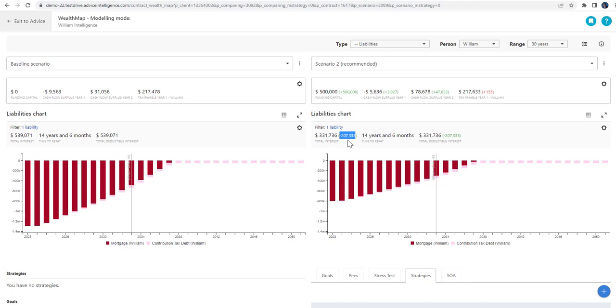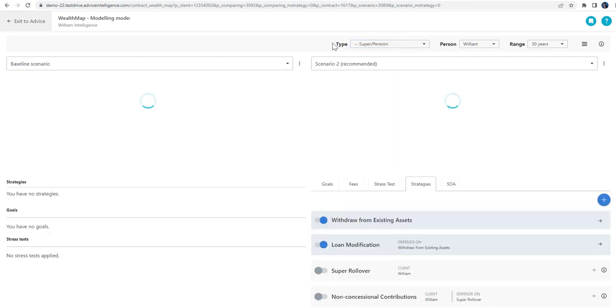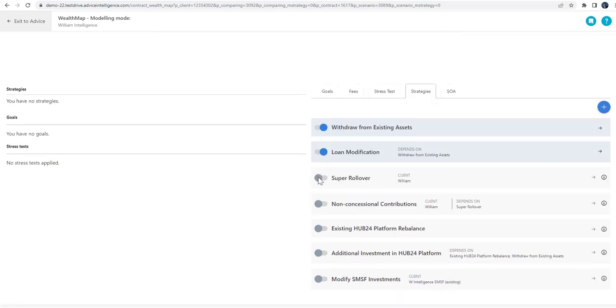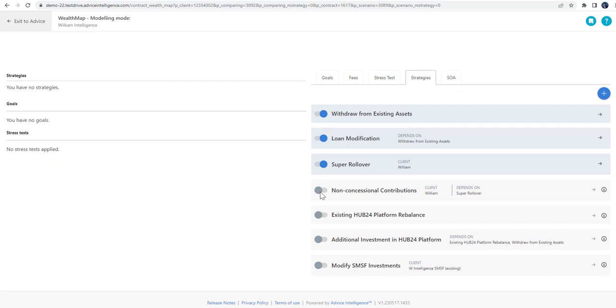Let's now move on to the super and pension chart, and we're going to first do a super rollover and then do some contributions as well. So if you remember, William had 3 different retail super funds.